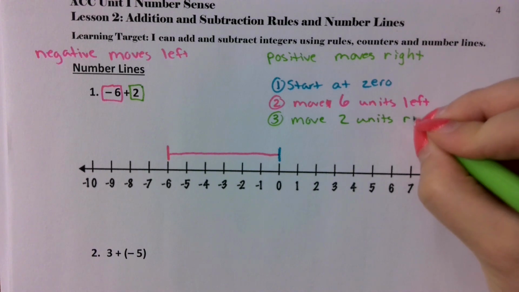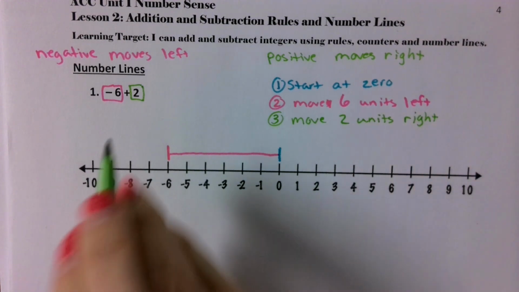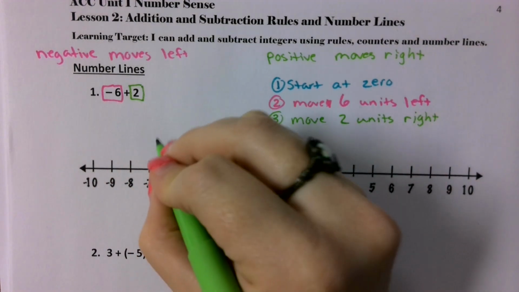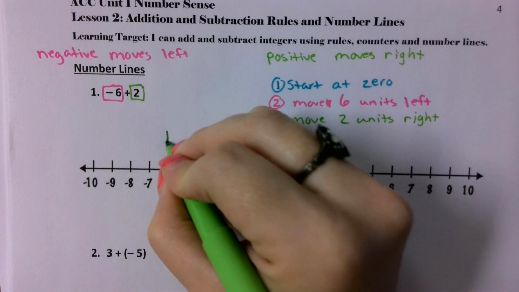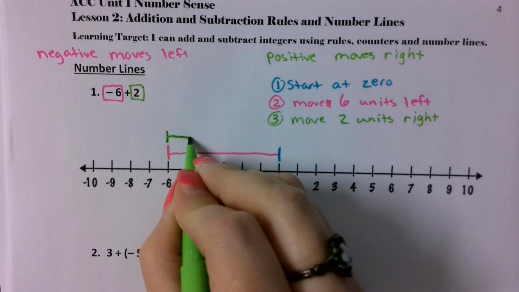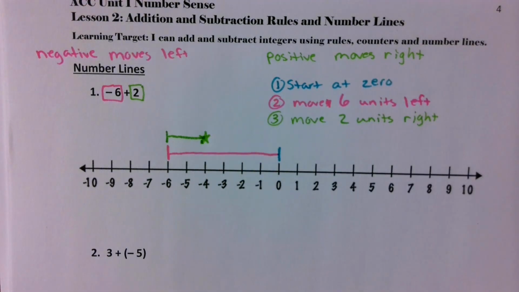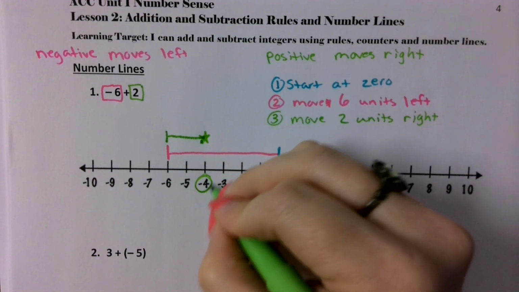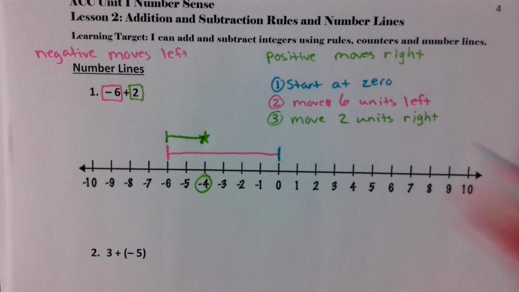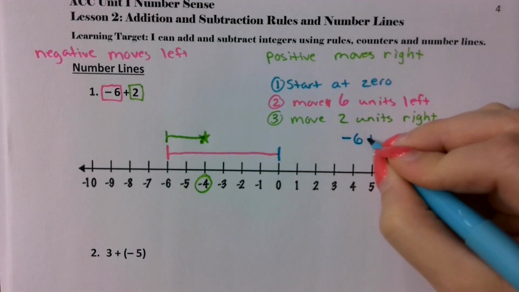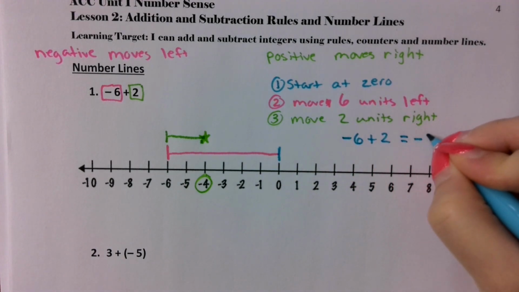So right above that negative 6, I'm going to draw another line and move 2 units, and then I'm done. This is my answer. What's my answer? Negative 4. So that means that negative 6 plus 2 is equal to negative 4.